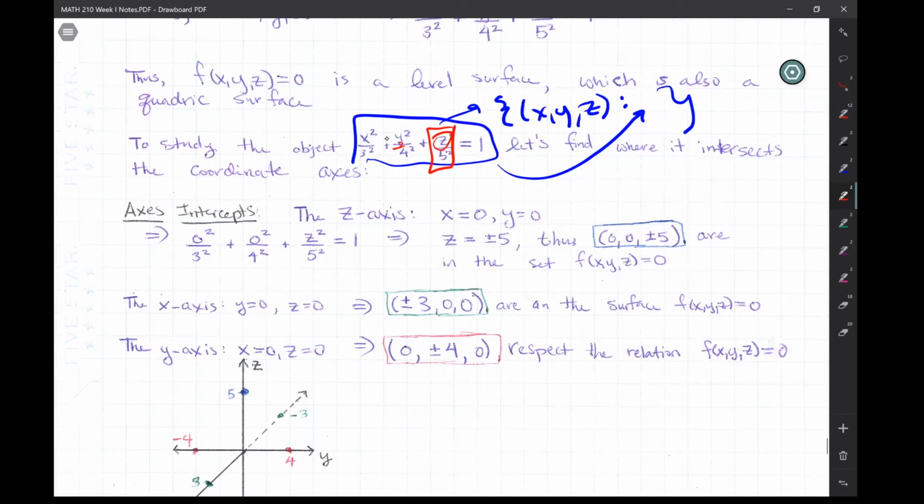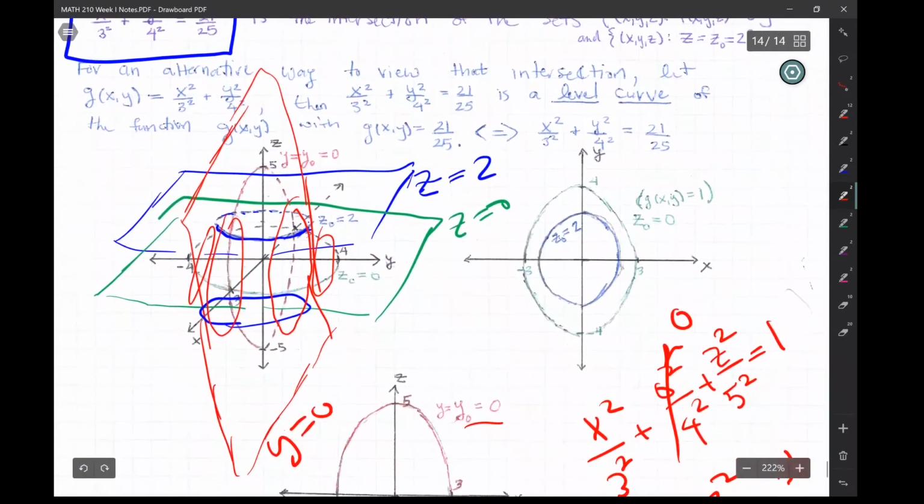If x and y are being squared, you can't subtract anything from that. So we know nothing exists beyond z equals 5 or less than z equals -5. Nothing exists beyond x equals 3 and lower than x equals -3. And what this shape is at the end is called an ellipsoid.